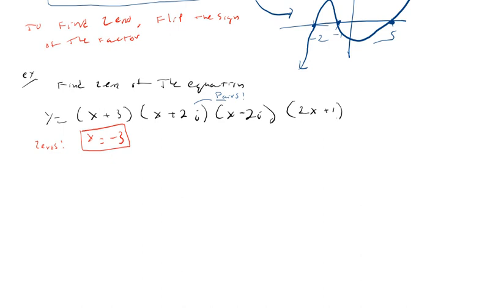If I have x plus 2i, my answer is just, I'm going to flip the sign. Negative 2i is one answer, and positive 2i is the other. So there's my pair of imaginary zeros. Even if it's imaginary, it works the same way: 2i, negative 2i.